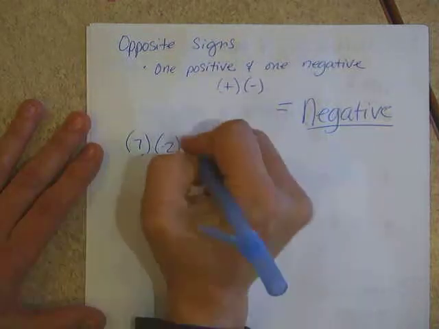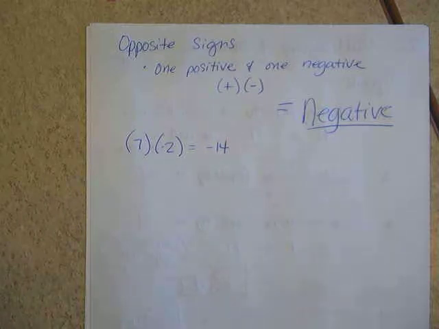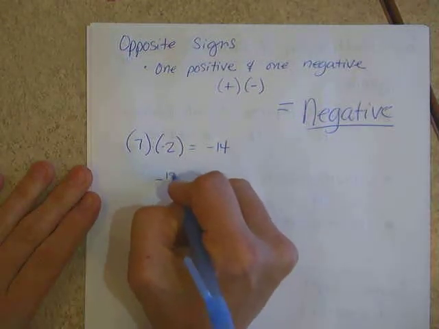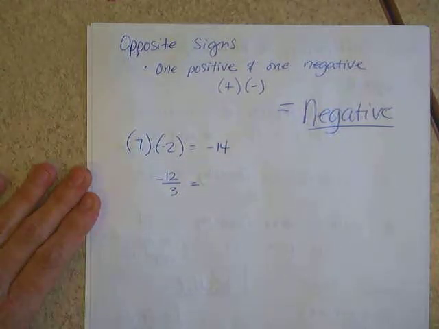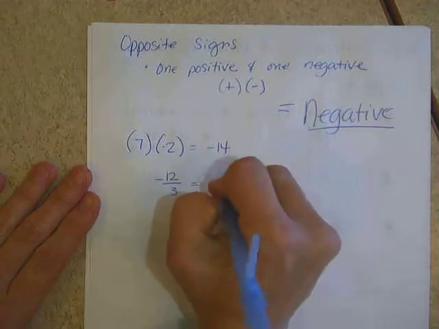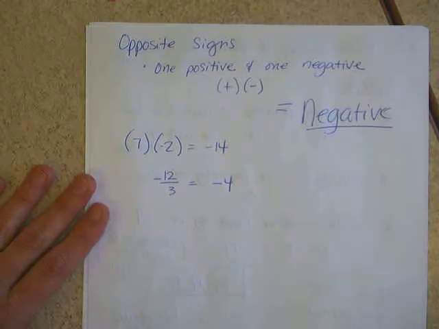So for multiplication, what that may look like is 7 times -2, which is -14. Or -12 divided by 3 would be -4.